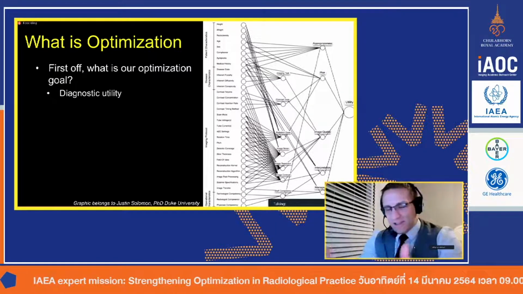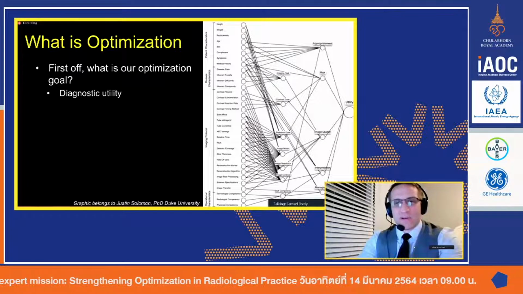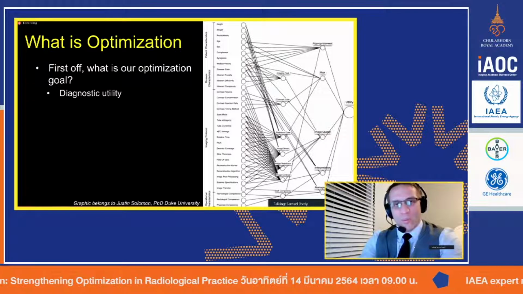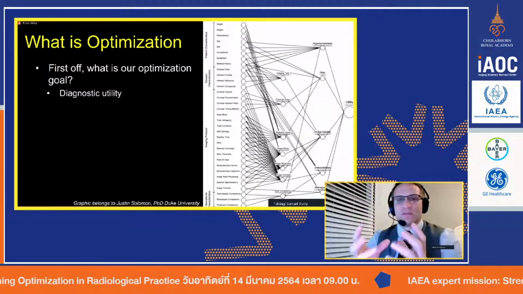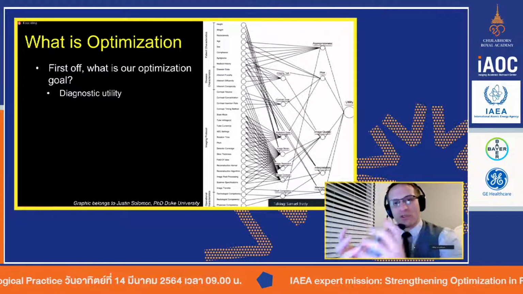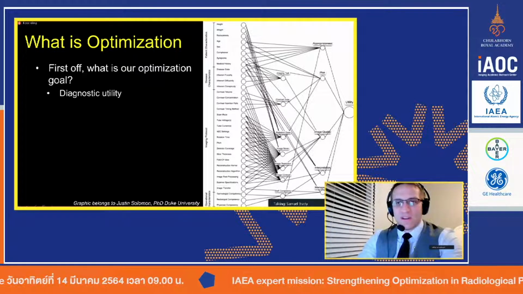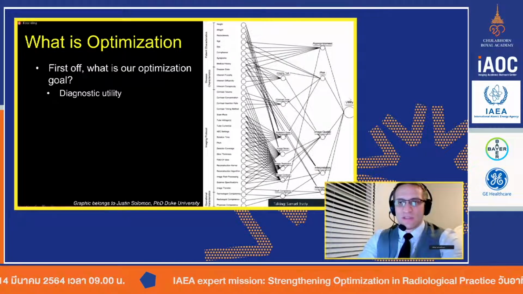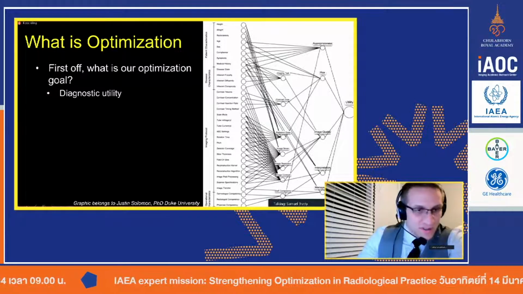It's obvious that it's very complex. So we need to distill this down into a larger question. What is it that we are trying to optimize? And if you see all the way on the right-hand side, you see this concept of utility.